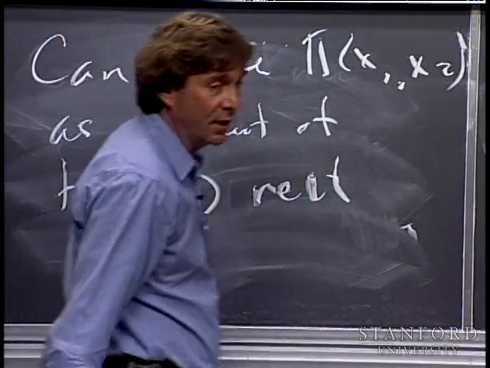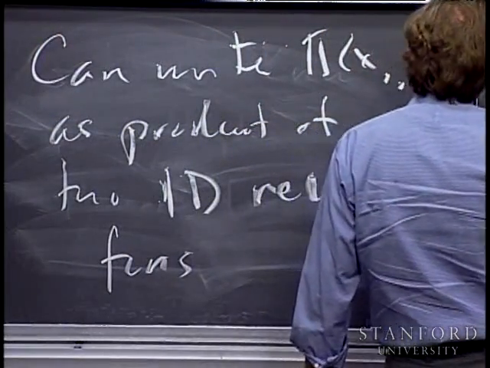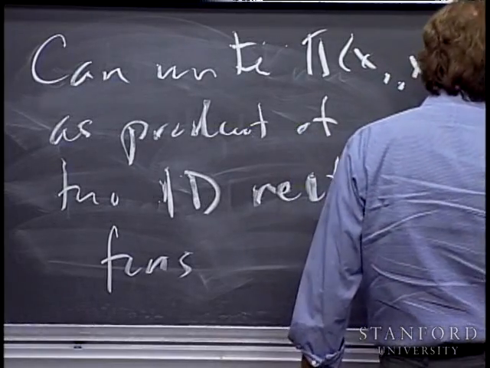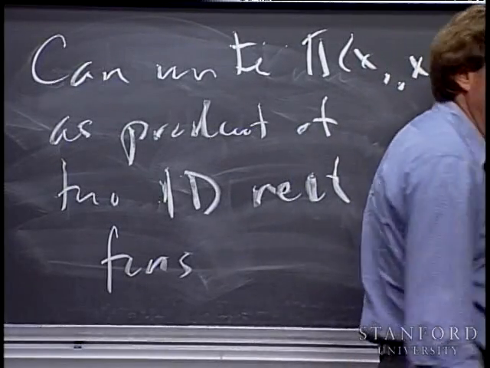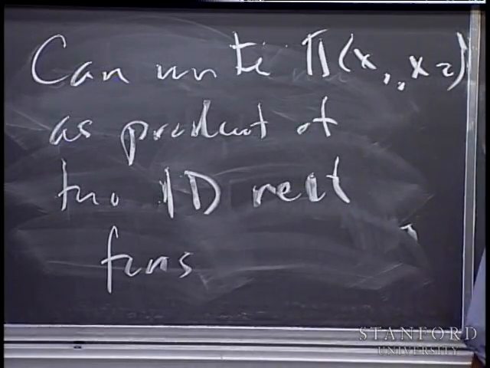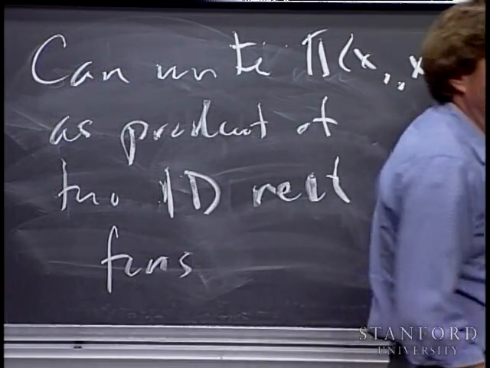In fact, it's easy to write, and I will let you convince yourself of this, that it's just the rectangle function of the one variable x1 times the corresponding rectangle function of the variable x2, the ordinary rectangle function.